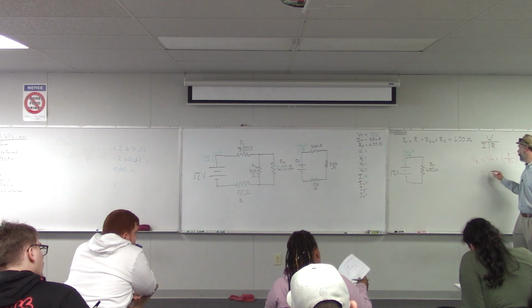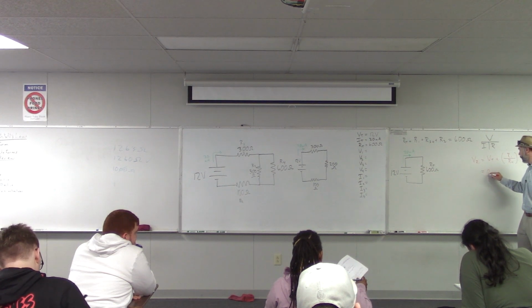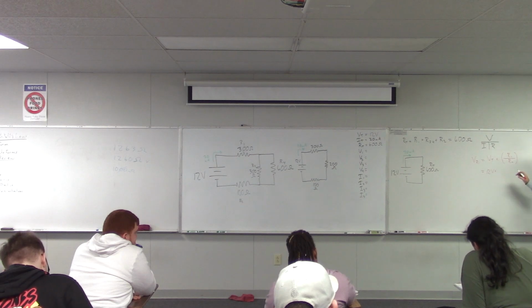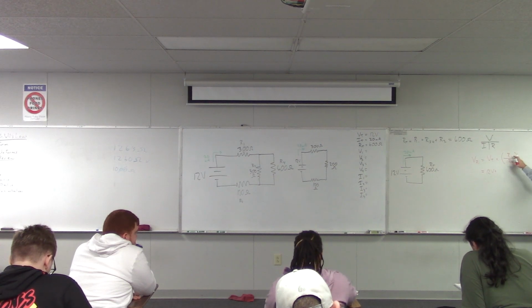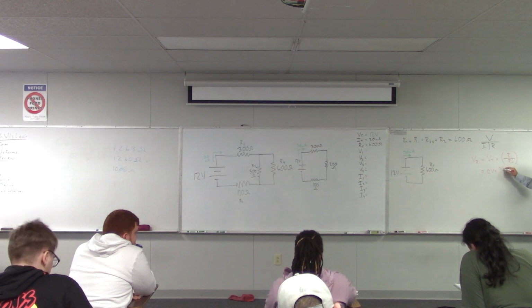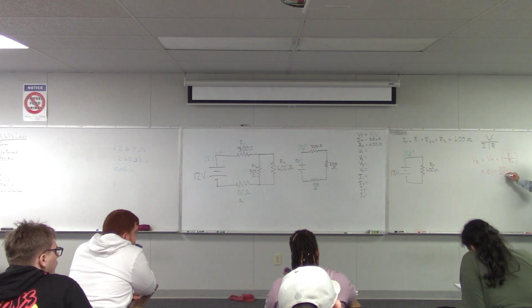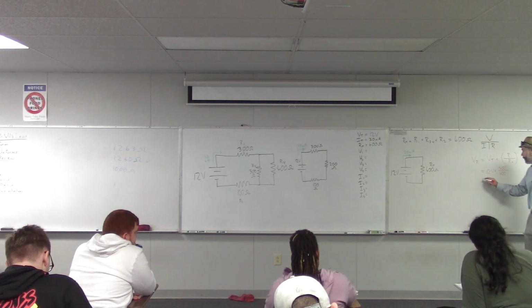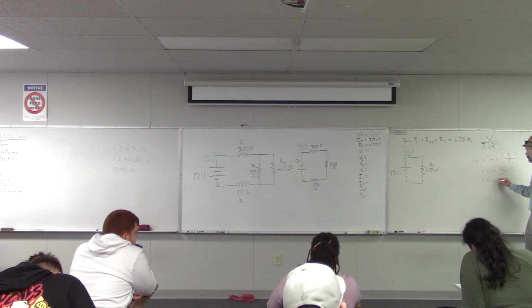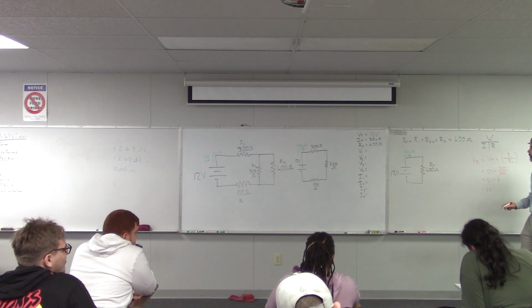So in this case, what's the total voltage? 12. Perfect. So 12 volts. And then what is the resistance for R1? 300. Perfect. And the total resistance is 600, right? So that's 12 volts times a half. So that comes out to be 6 volts.